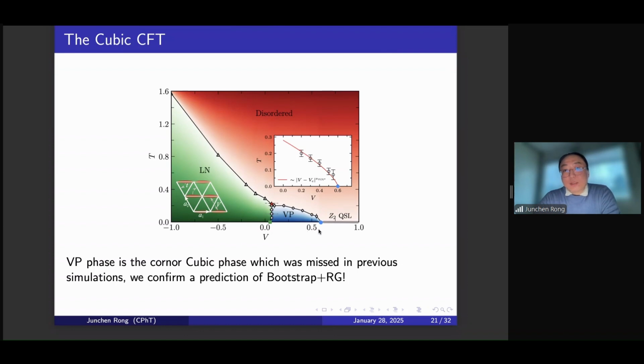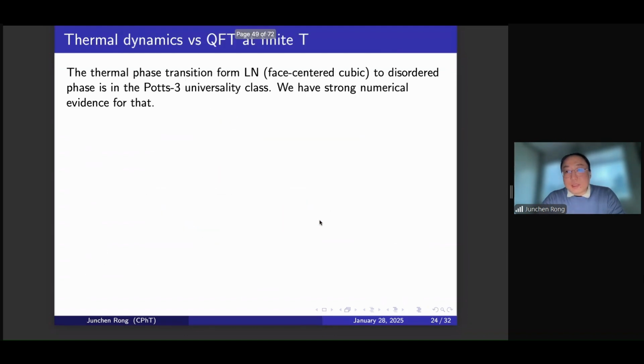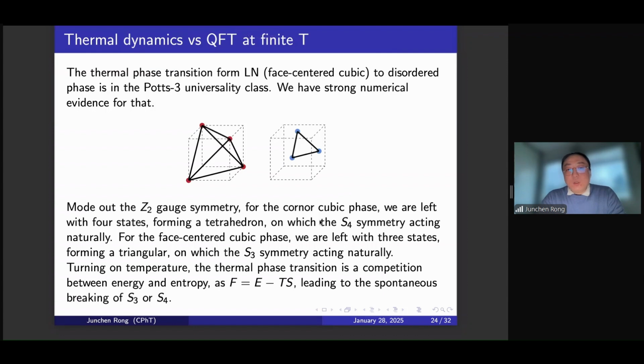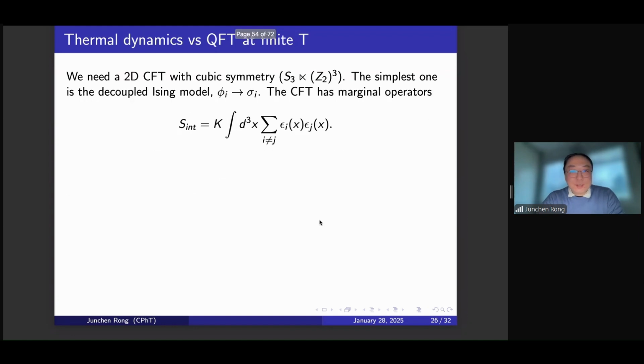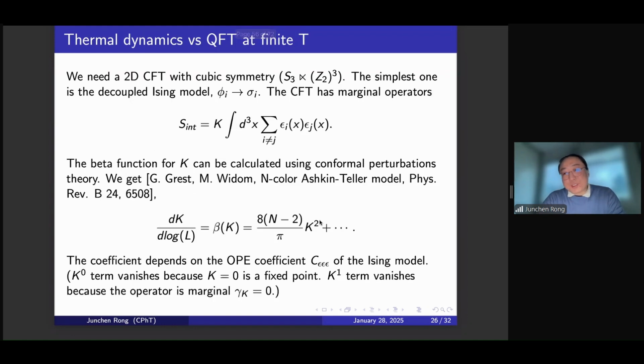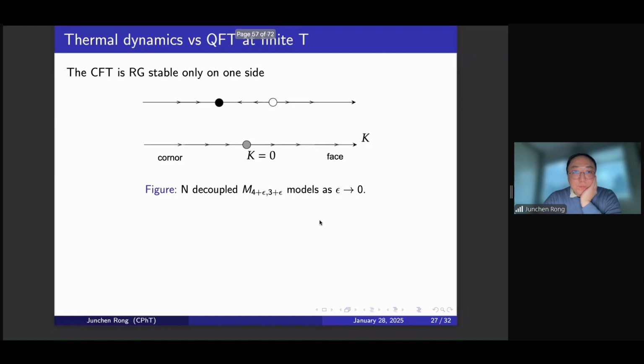So at least near the quantum critical point, we can basically view this, I think it should be in the decoupled Ising universality class. Of course, this is a conjecture. As I said, weird things can happen on the lattice. So it remains a conjecture until now. We haven't been able to prove what it is.